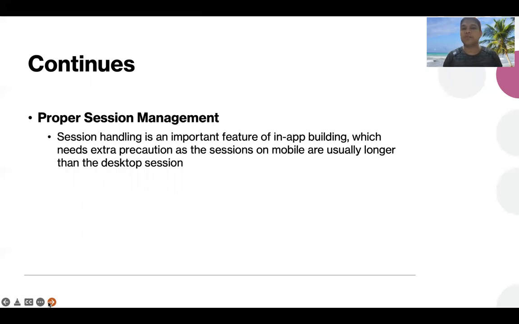The next one is proper session management. I already mentioned earlier, once you log into the system or mobile application, you need to put a log out button. Once you click log out, the session is automatically terminated, or sometimes we call it properly invalidated. That one is important.